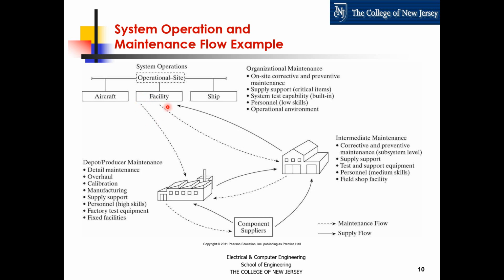And then it may be that it comes here, it gets dealt with effectively, but maybe that was still not the right call. And the intermediate facility still cannot fix the problem. So it needs to go back to the factory.